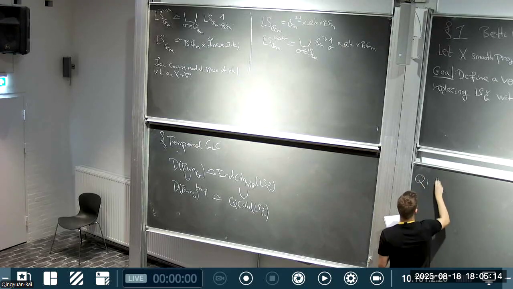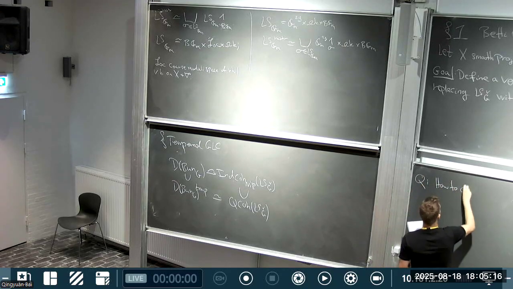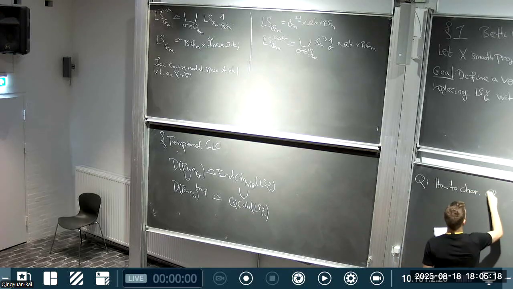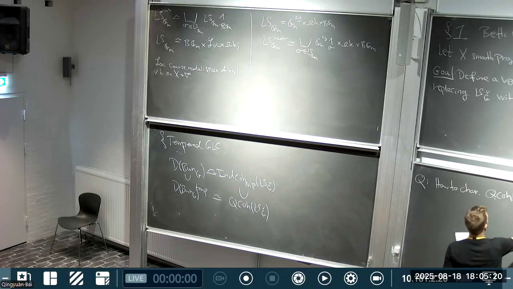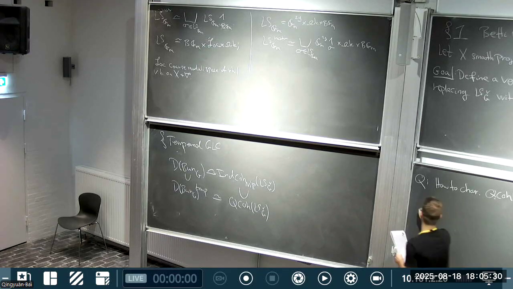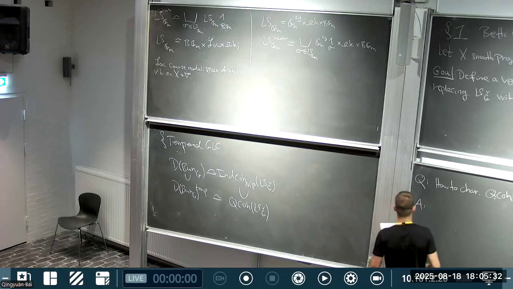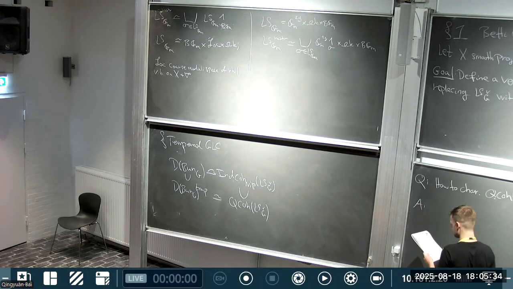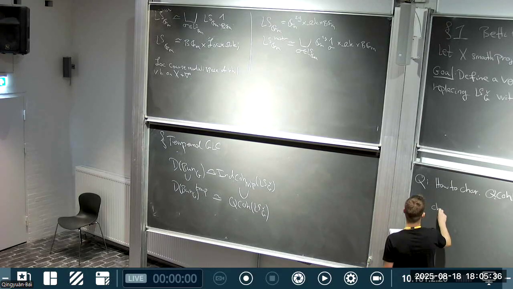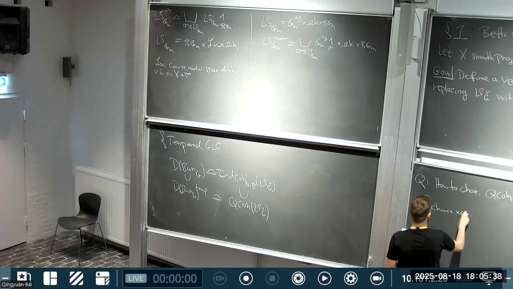Okay, we can ask how to characterize quasi-coherent sheaves on Loc inside ind-coherent sheaves. The answer is to choose a point on the curve.